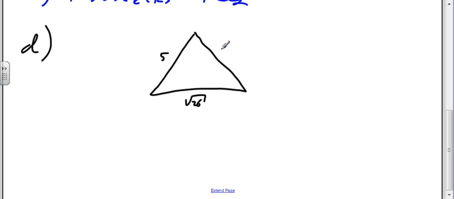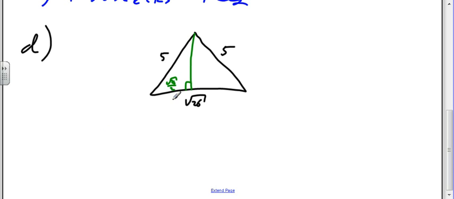This guy's 5, that guy's 5. What's my height? And so if we could have the height, it would be okay. This is going to be the square root of 26 over 2, right?